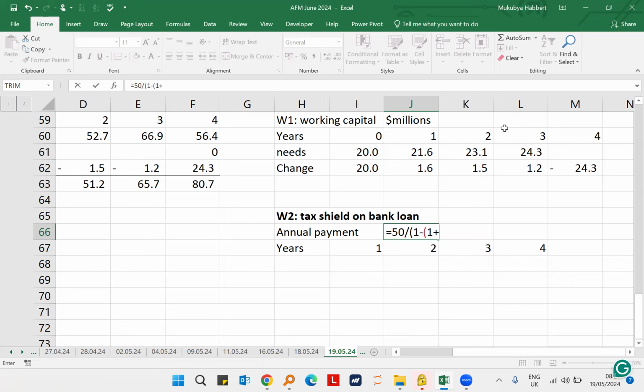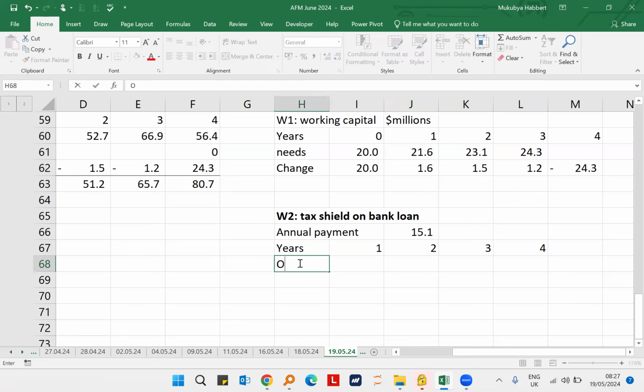But I'm just going to calculate it here: 1 plus 8% power minus 4, then divide by 8%. I think I need a bracket here. So that gives me 15.1. If you are looking at 1 decimal place, that's what we are paying annually.